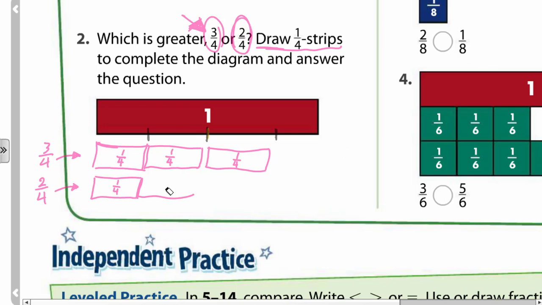I can make space here between them. And the question that we are solving is 3/4 is greater than or less than 2/4.